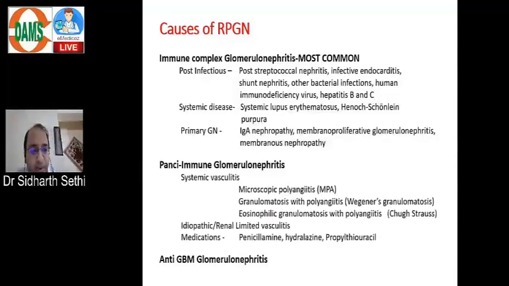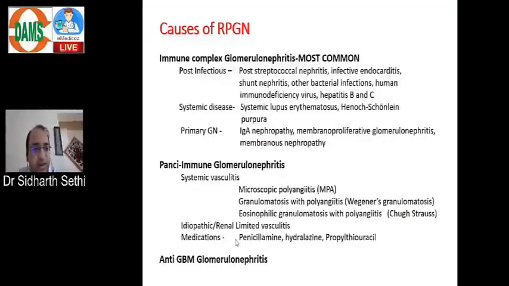Now second comes pauci-immune crescentic GN, and in fact in your NEET PG they once asked you which is the most common pauci-immune crescentic GN. Remember, microscopic polyangiitis is the most common pauci-immune crescentic GN in children. Now Wegener's also has pulmonary hemorrhage, and so does anti-GBM, which is Goodpasture syndrome, which also has pulmonary hemorrhage.